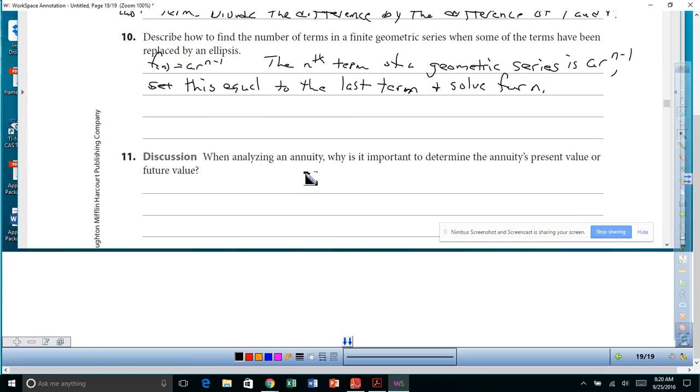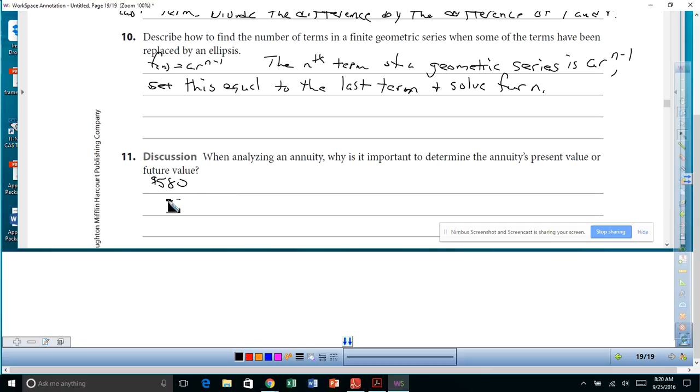When analyzing an annuity, why is it important to determine the annuity's present value or future value? Why is that? Well, payments occur over time. The value of each of these payments changes when the interest earned is taken into account. So, like they showed you on the cell phone, the cost is $580.